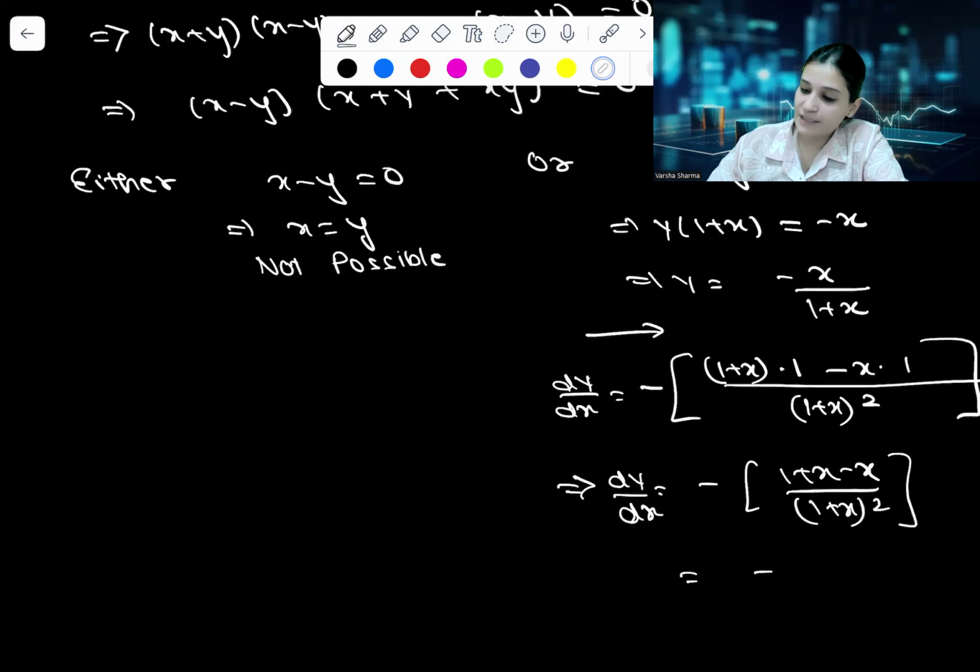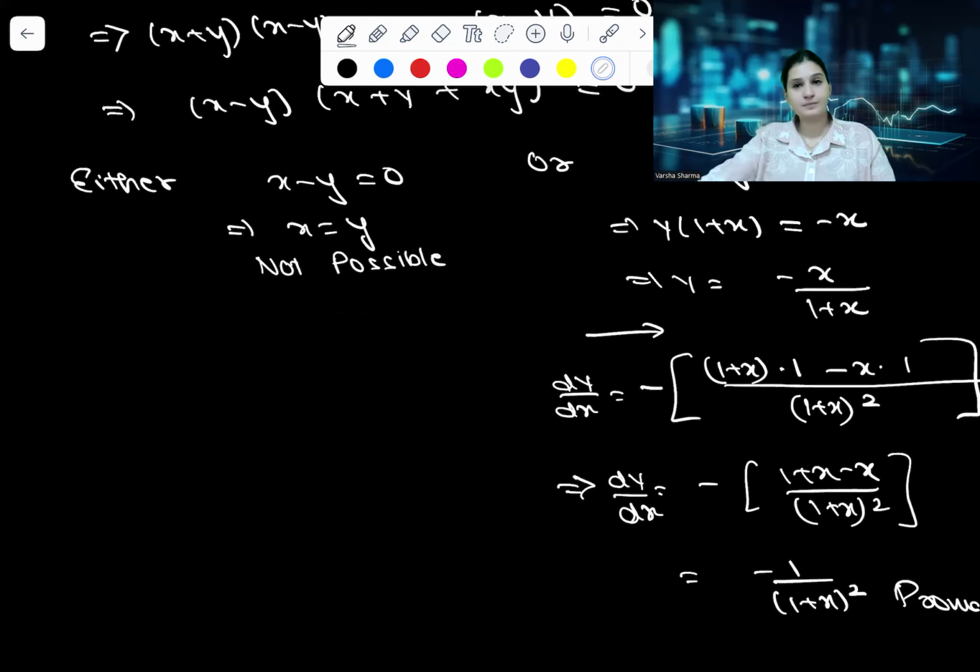So minus 1 by 1 plus x whole square. This is what was asked us to prove. Everybody clear? It's a learn sum. If you haven't done it earlier, you won't be able to visualize this. That's impossible. So that's why I said it's a learn sum. You have to do it.